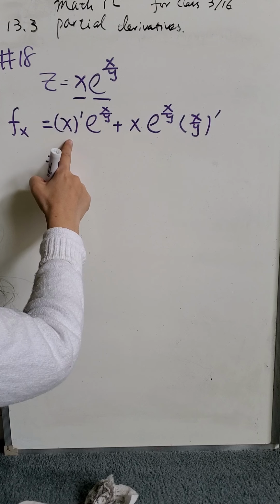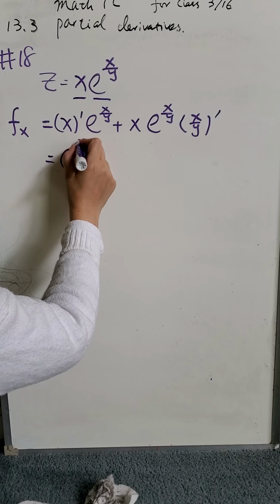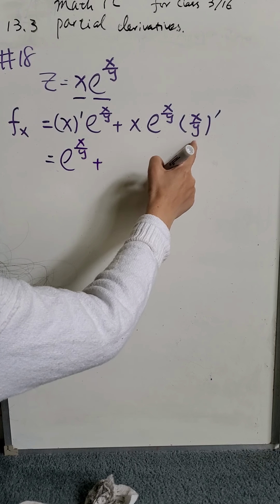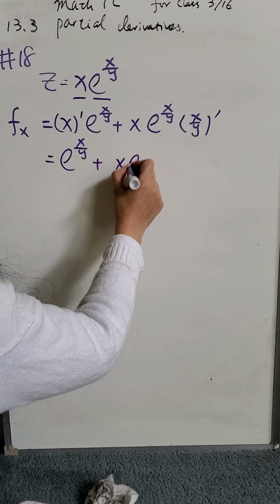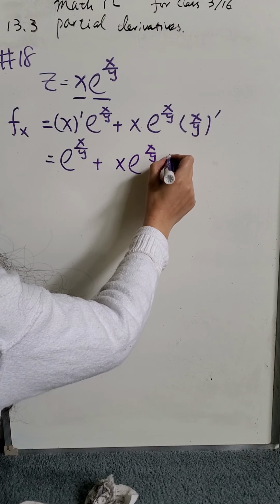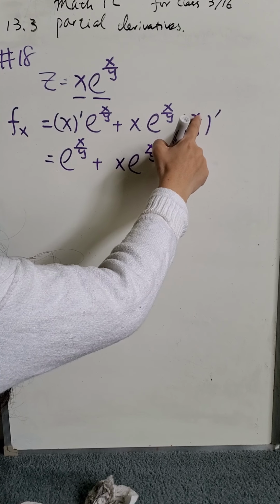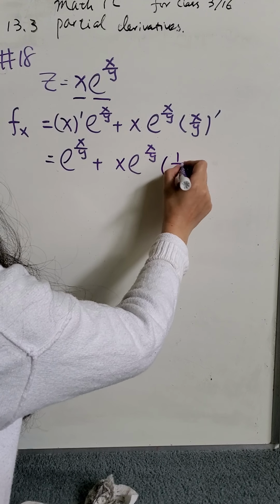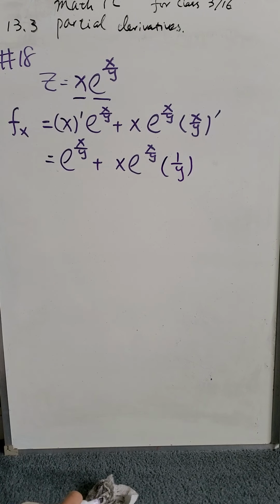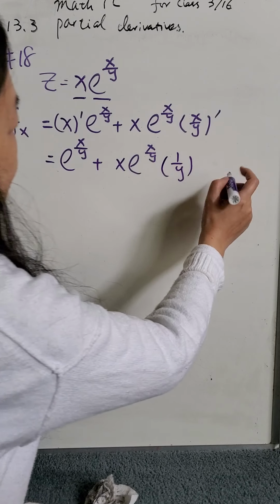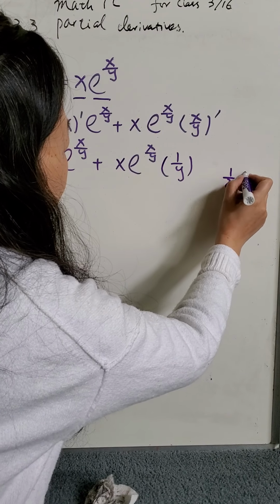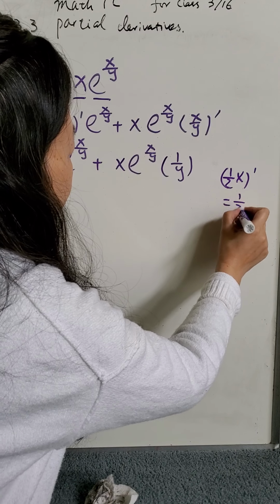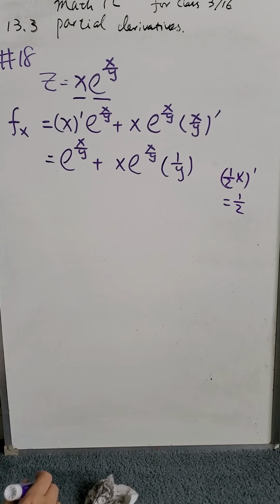So this is a 1 here, so you keep this one. Now you keep these two and take the derivative of this one. And x is a variable, so 1 over y becomes a coefficient, so it's just 1 over y. You can look at this like one half x, whose derivative is just equal to one half. So you can look at it this way.